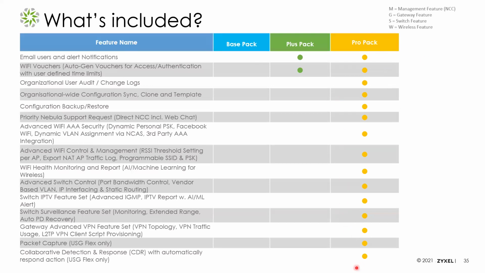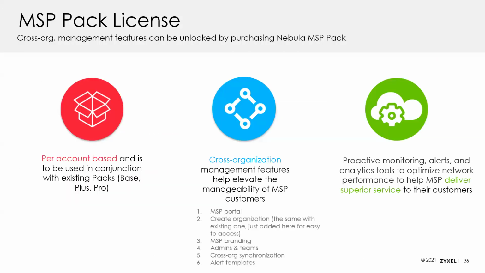Price-wise, you can get a year's worth of ProPack for a device considerably cheaper than any of our business competition, like Cisco Meraki, Ruckus, etc. Just to highlight again, the MSP license pack is based on an account. The account that you assign the license to gets access to those features, and only that account.